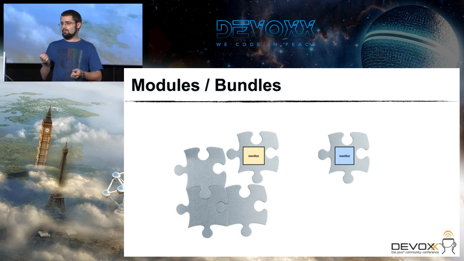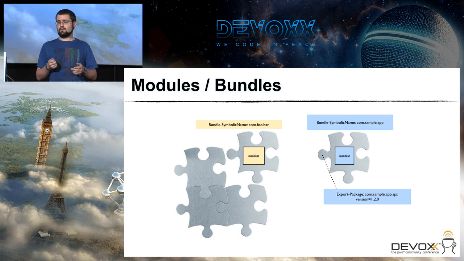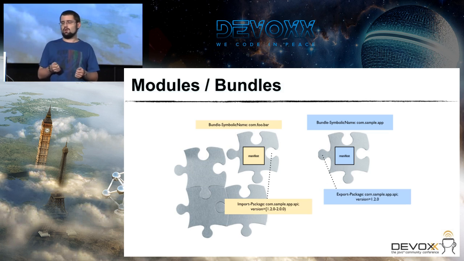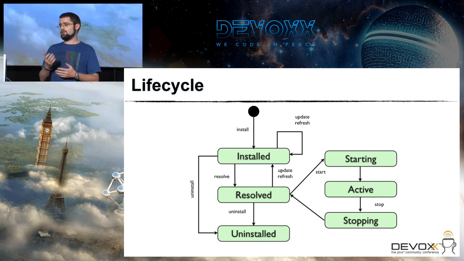In this example, there are two bundles, a blue bundle that can expose some classes by exporting a package, and the yellow bundle that can consume these classes by importing the same package. And just like that, you construct your application dynamically.